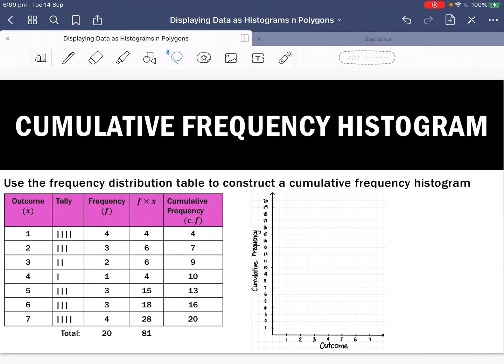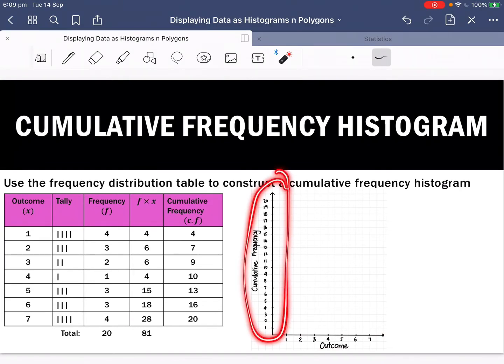So we're going to use the exact same frequency distribution table to construct a cumulative frequency histogram. I've already written my outcomes along my horizontal axis, and my cumulative frequency along my vertical axis.